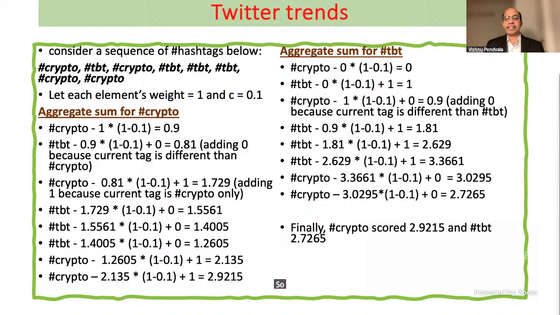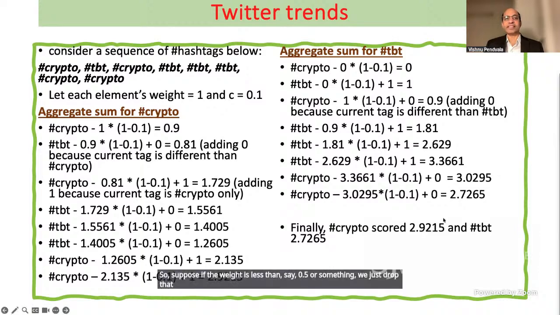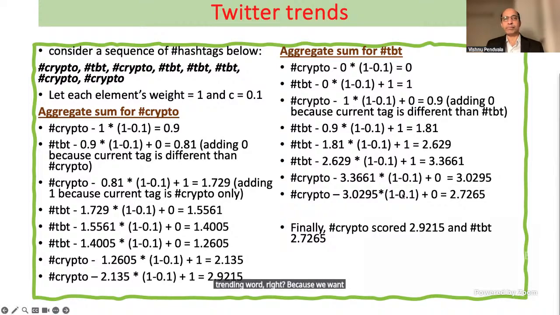We can keep a threshold to ignore elements of weight lesser than that. Suppose if the weight is less than say 0.5 or something, we just drop that trending word, right? Because we want to capture the most important words. Here there are only 2 hashtags, but typically there could be many hashtags.